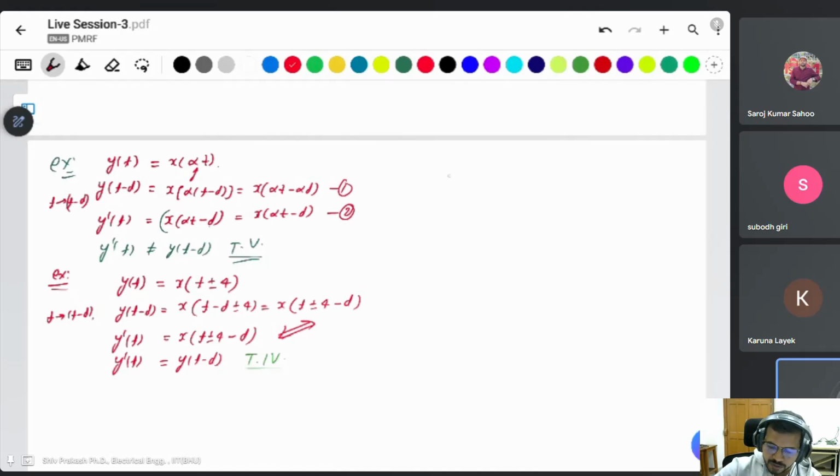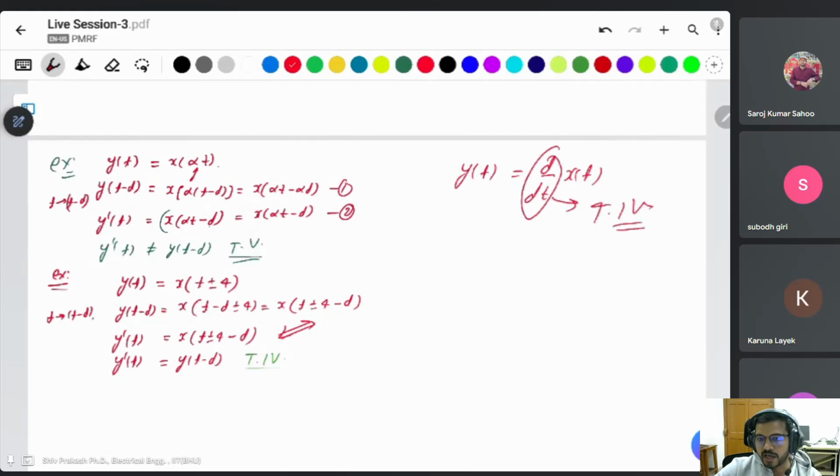You can note down y(t) equals d by dt of x(t). If this is a time invariant system, it will not affect the time. The same thing for the integrator, it is also a time invariant system.